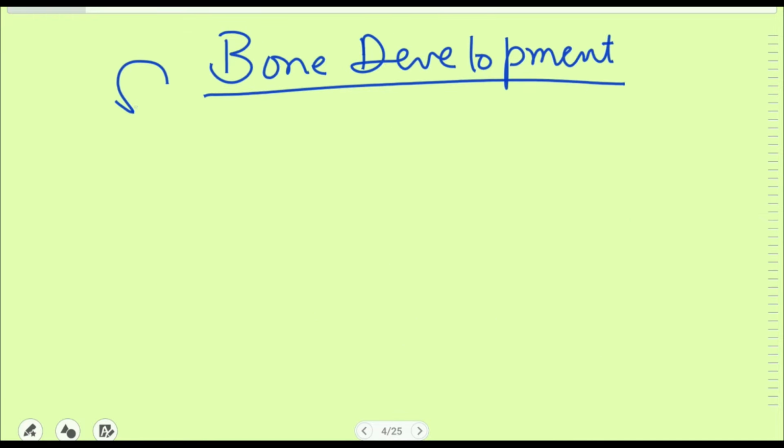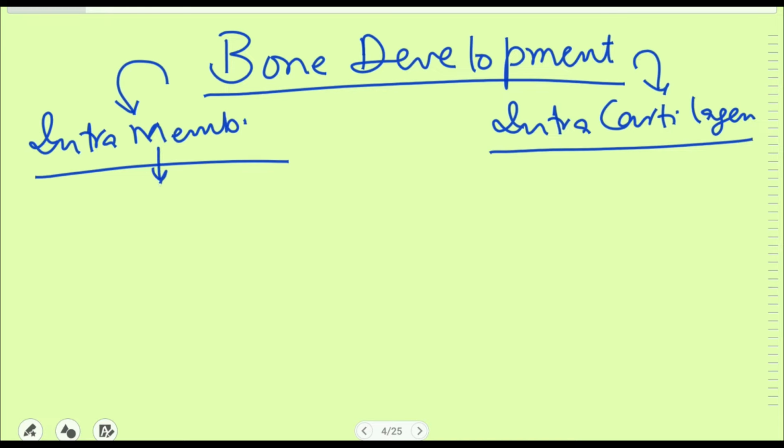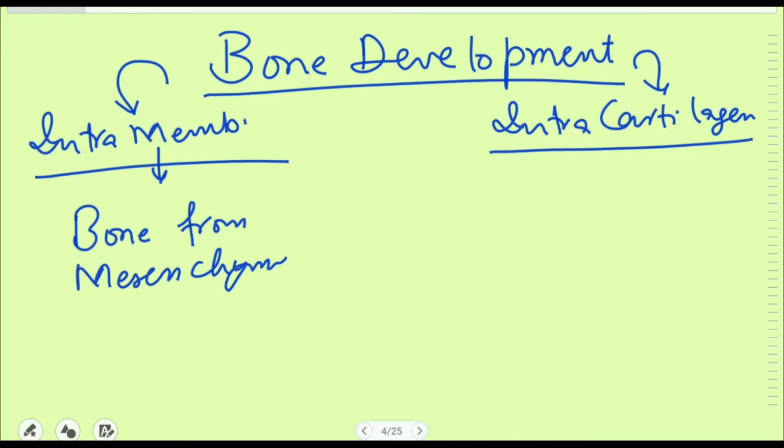Bone development has two categories: intramembranous and intracartilaginous. So what's intramembranous and intracartilaginous? In the intramembranous, bone is formed directly from the mesenchyme. Bone is born from day one.